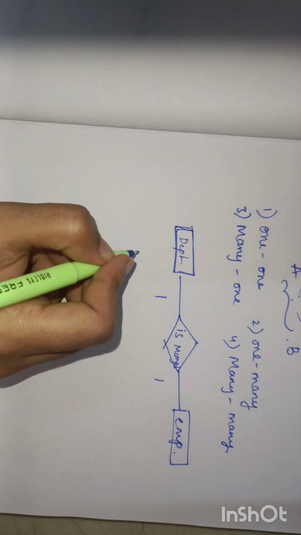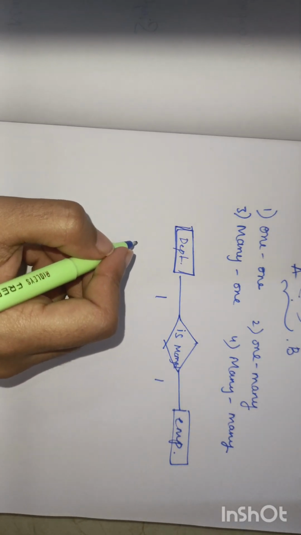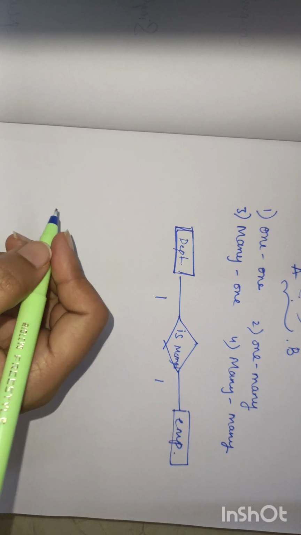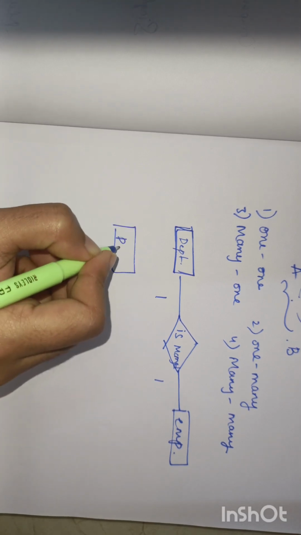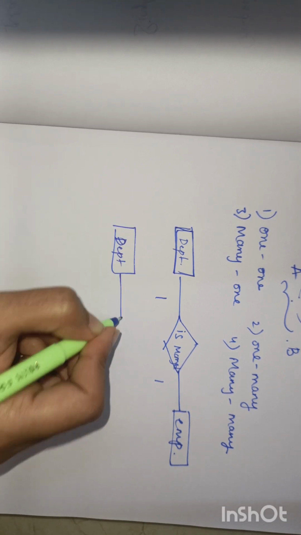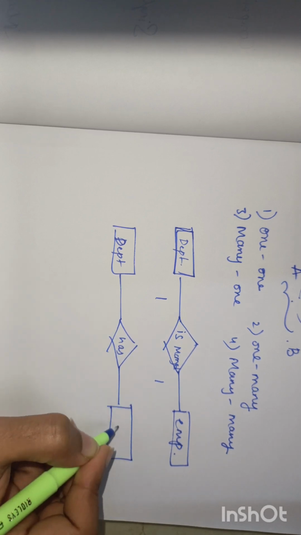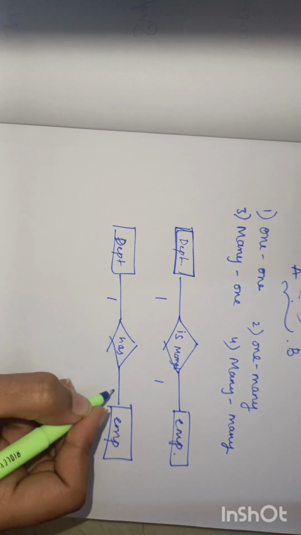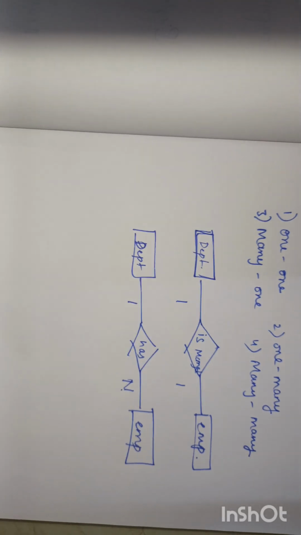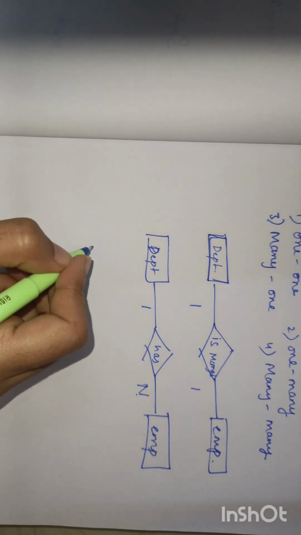Now, one to many. One to many is an example in which, say, one department has multiple employees. So one department can have n number of employees. This is one to many. Now we have many to one, which means that many employees can work under one manager.